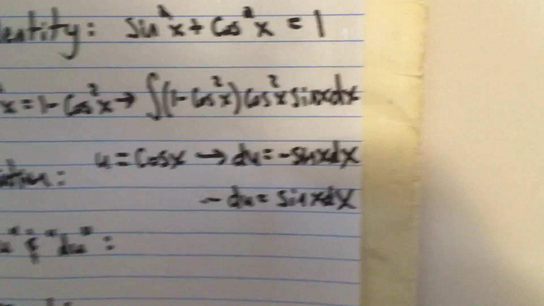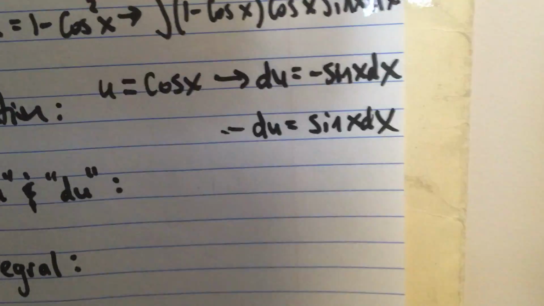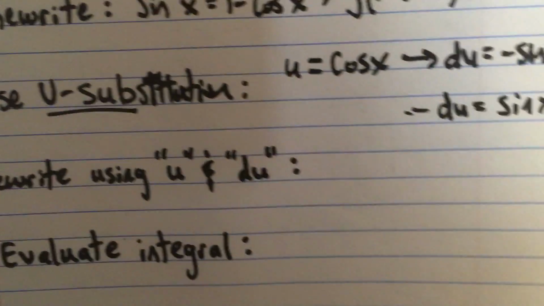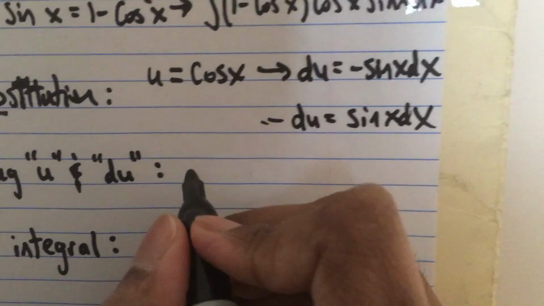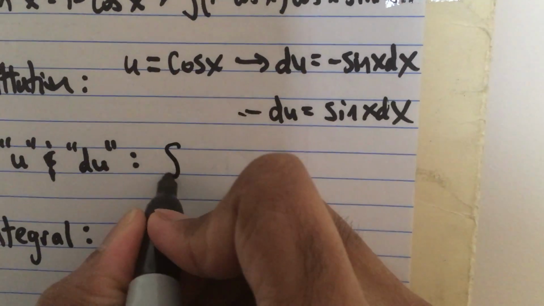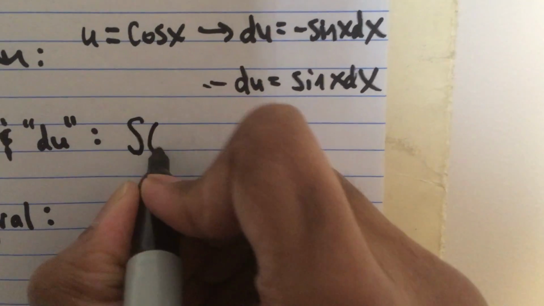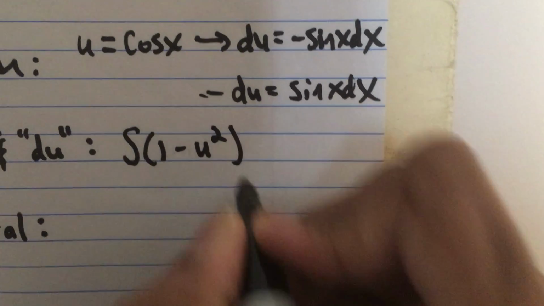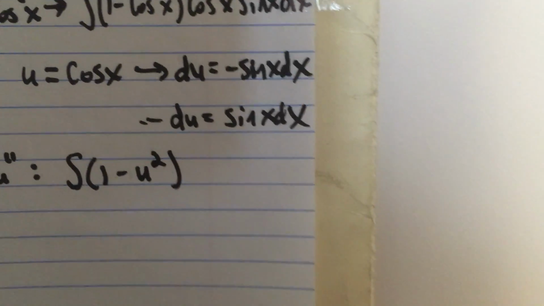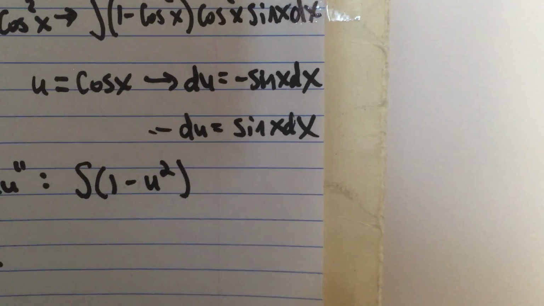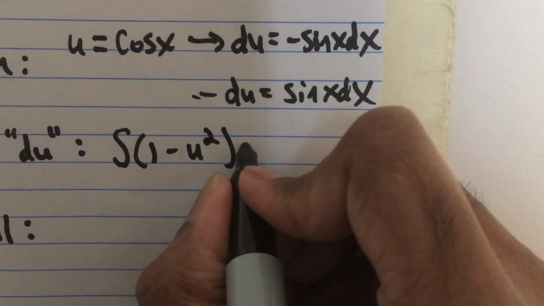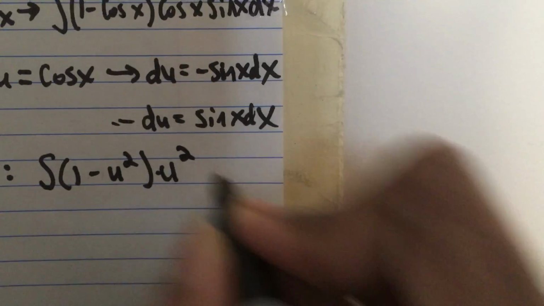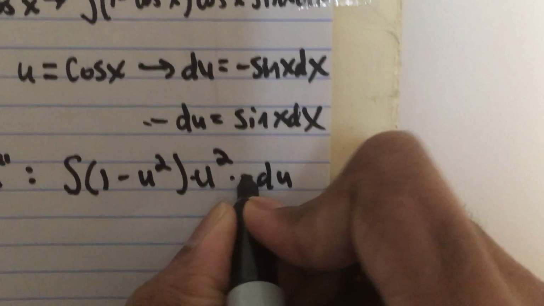Now that I have u and du, or in this case negative du, I'm going to rewrite the integral using those components. So I'm going to get the integral of 1 minus u squared, because u is cosine, so u squared would be cosine squared x, times u squared, and then the sine x dx is the negative du.